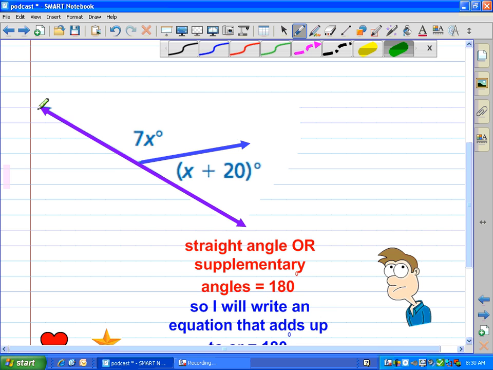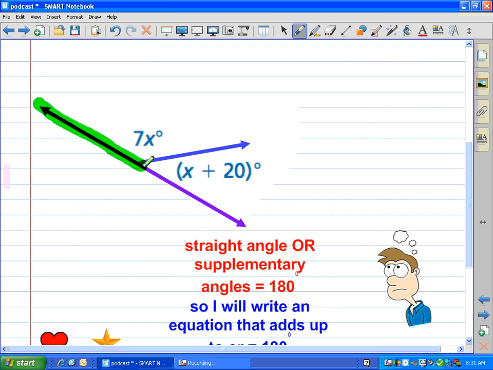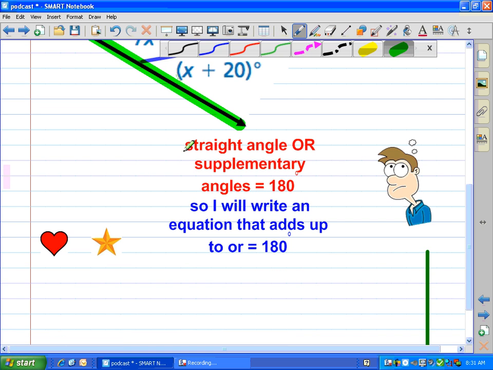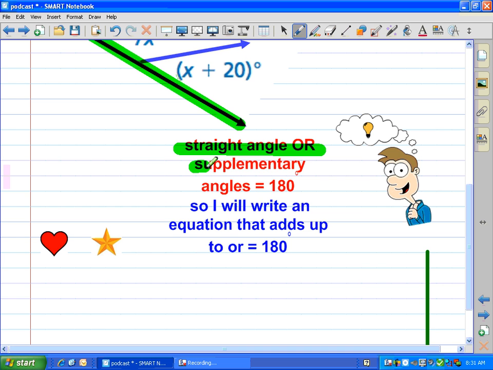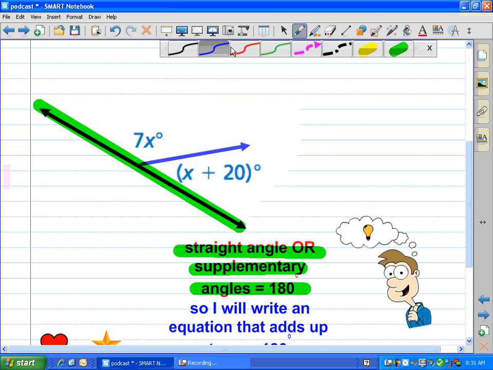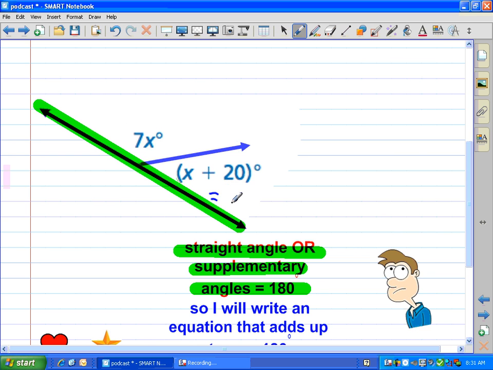You told me that a straight line has 180 degrees. Straight angle or supplementary angles add up to 180. So these two put together are going to have to equal 180 degrees.